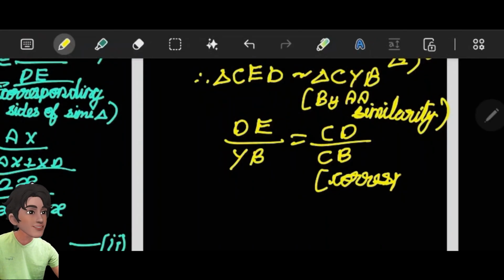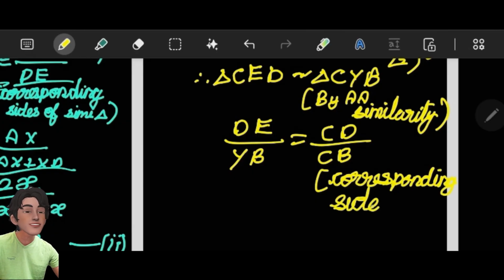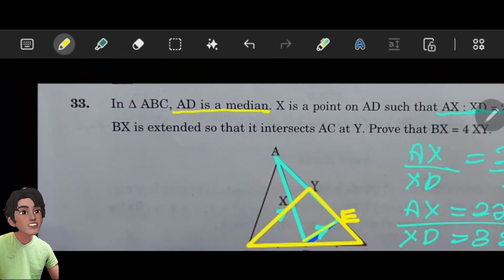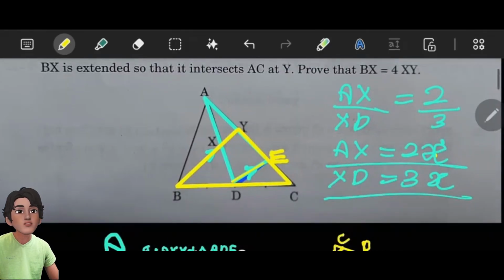Now, as they have given here, AD is the median of the triangle ABC. We can conclude that D is the midpoint of BC such that BD is equal to DC. Now representing it in the form of a variable, BD is equal to y and DC is equal to BD, therefore DC is also equal to y.